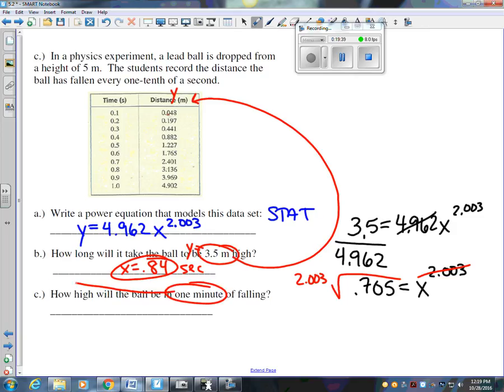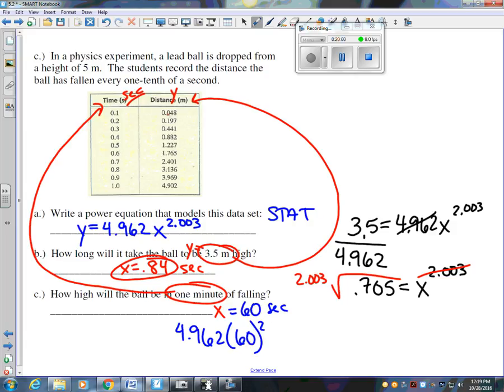All right, how high will the ball be in 1 minute of falling? Well, 1 minute is time, so that's an x value, but you have to be careful. X is measured in seconds. So for 1 minute, that would be 60 seconds. So I need to plug x equals 60 into my equation: 4.962 times 60 to the 2.003 power.